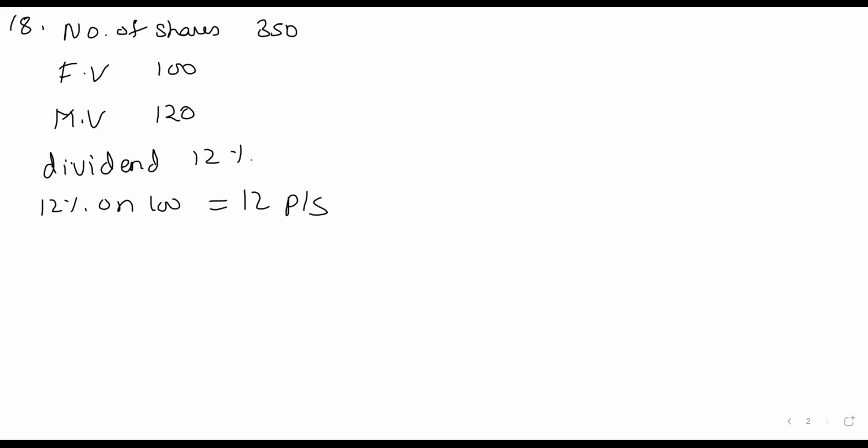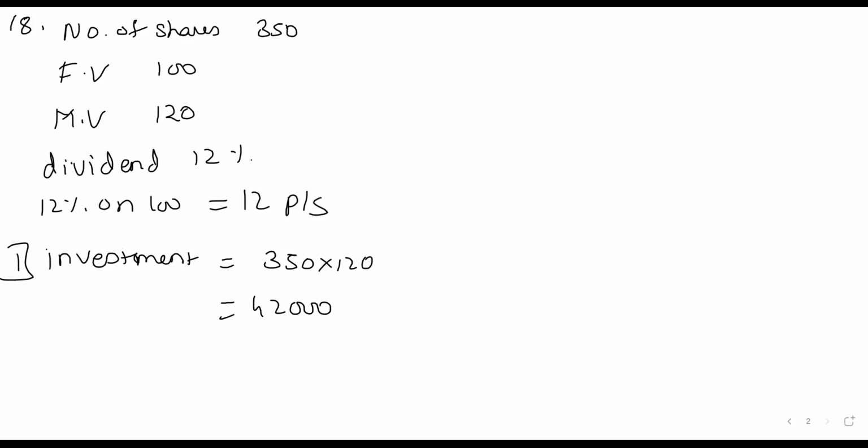Fine. Investment made by Anil. First, investment will be 350 into 120, 42,000 investment. Next is his annual income from the shares.